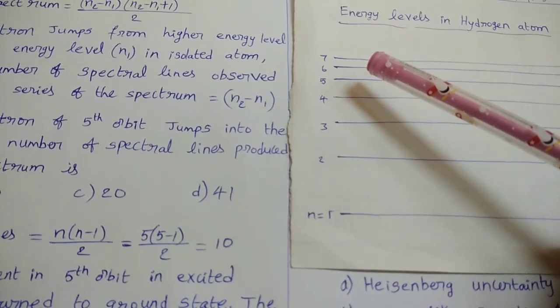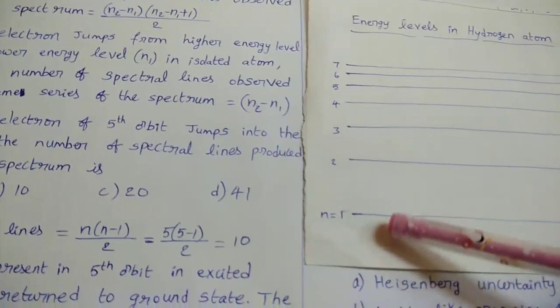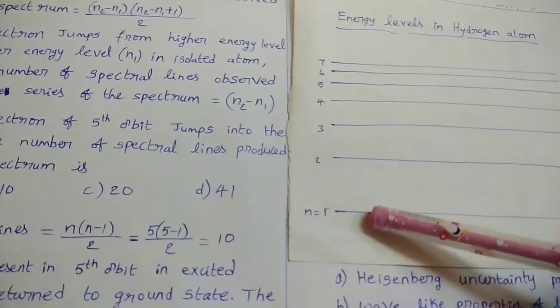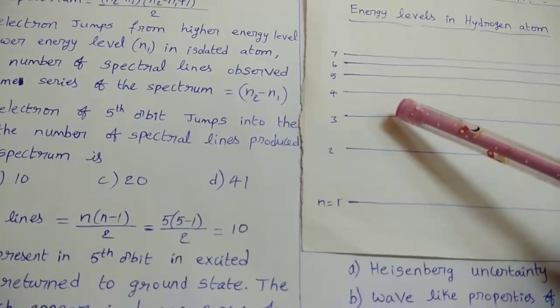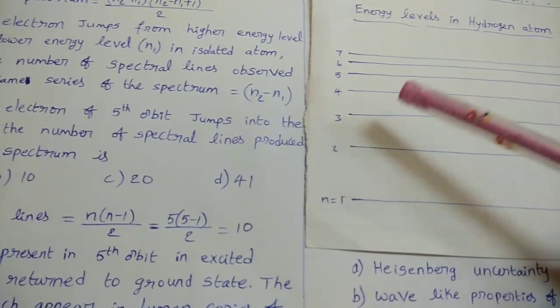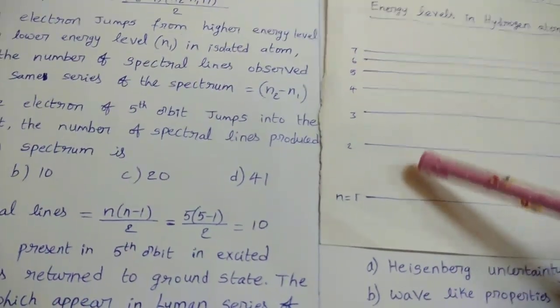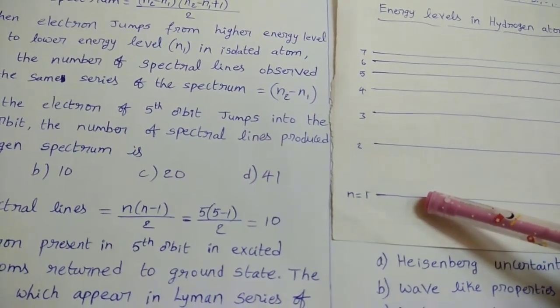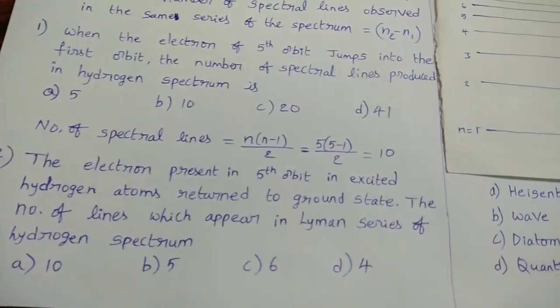Otherwise, electron jumps from 5th to 4, and from 4 to 1 direct jumping takes place, this is the second possibility. Otherwise 5th to 3rd, and from 3rd to 1, third possibility. 5th to 2nd, and 2nd to 1, this is also another possibility in the Lyman series. So total 4 possibilities are there. So option D is the answer for this.